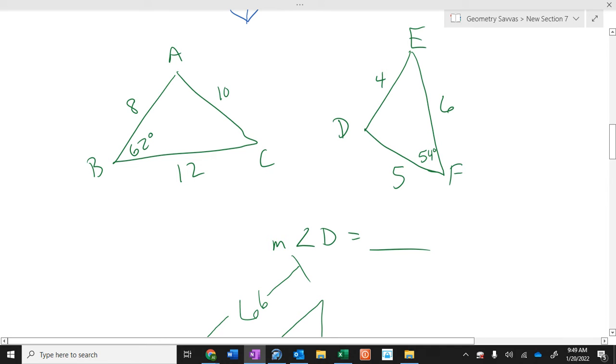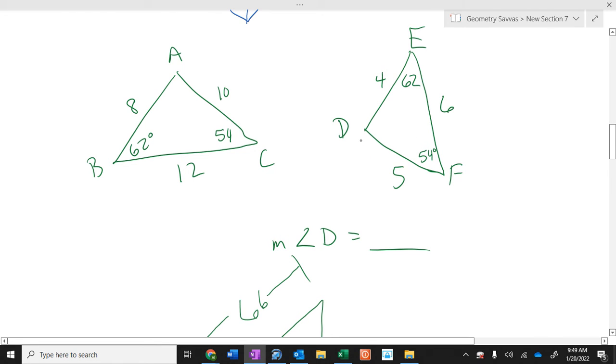Between my medium two, or my largest two sides, I don't know the angle. Between my largest two sides, I do know the angle. That's 54. So over here, that must be 54. Okay? Between my smallest and largest, it's 62. So between my smallest and my largest, it is 62 here.